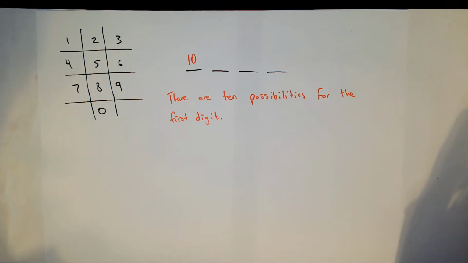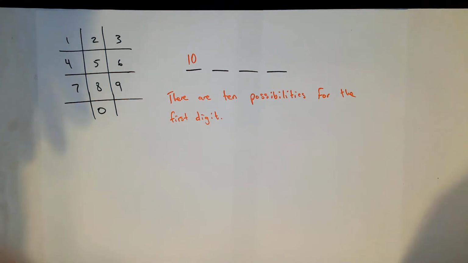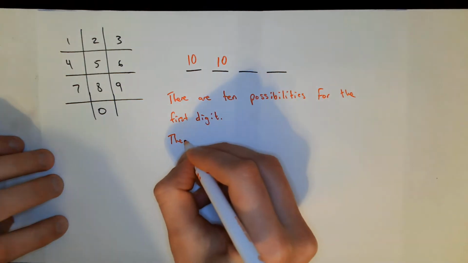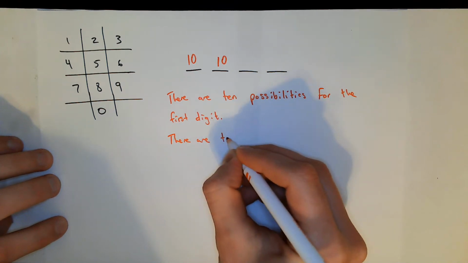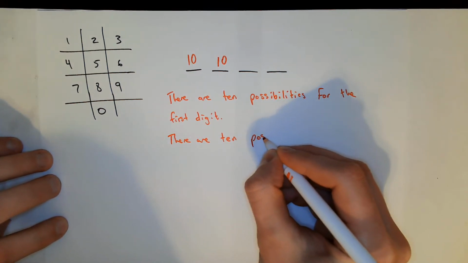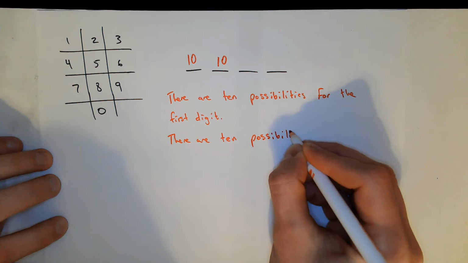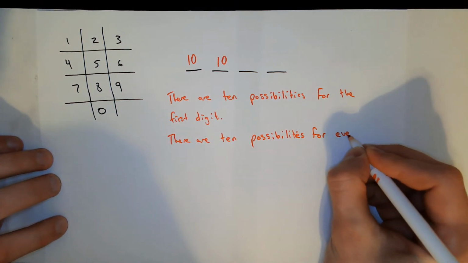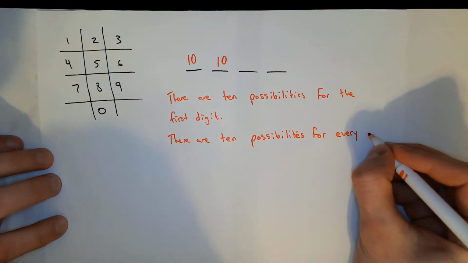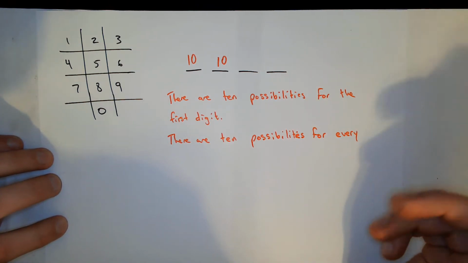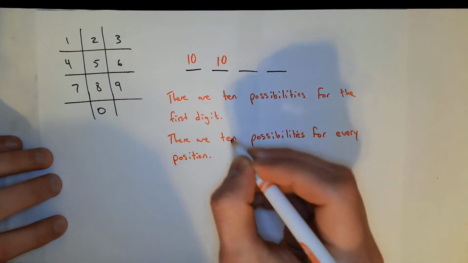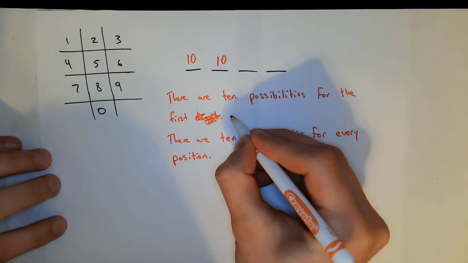How many possibilities are there for the second digit? Well, it would be 10 again. In fact, there are 10 possibilities for every position.